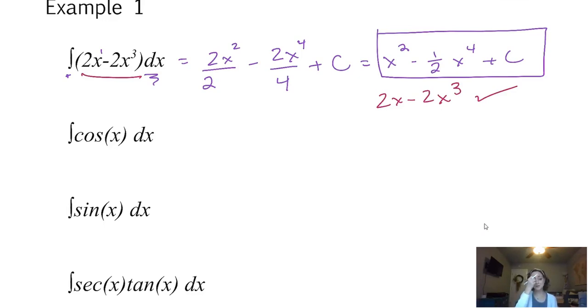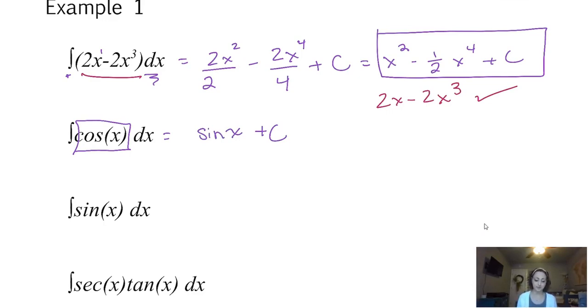Okay, how about the integral of cosine x dx? Again, the integral with the dx means find all antiderivatives of cosine of x. In other words, all functions whose derivative is cosine x, okay? So let's see. We know some variant of sine of x plus c, right? So now we just need to decide, is it positive or negative?